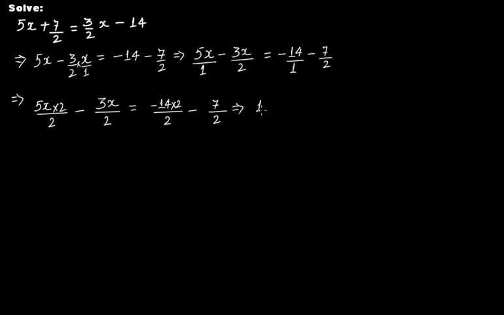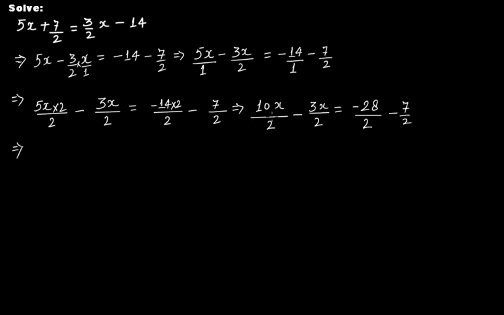This becomes 10x divided by 2 minus 3x by 2 is equal to minus 28 by 2 and minus 7 by 2.